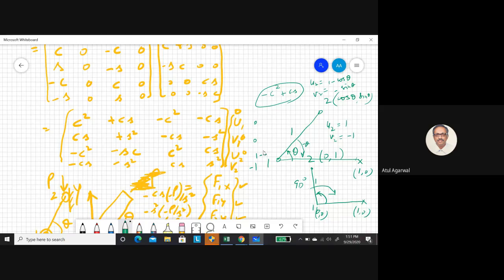And what is my v2? Minus sin theta. Now we have to multiply with this, minus c square into 1 minus c. So what do we get? 1 minus c into minus c square, minus cs into minus s. So this should go to 0 together.